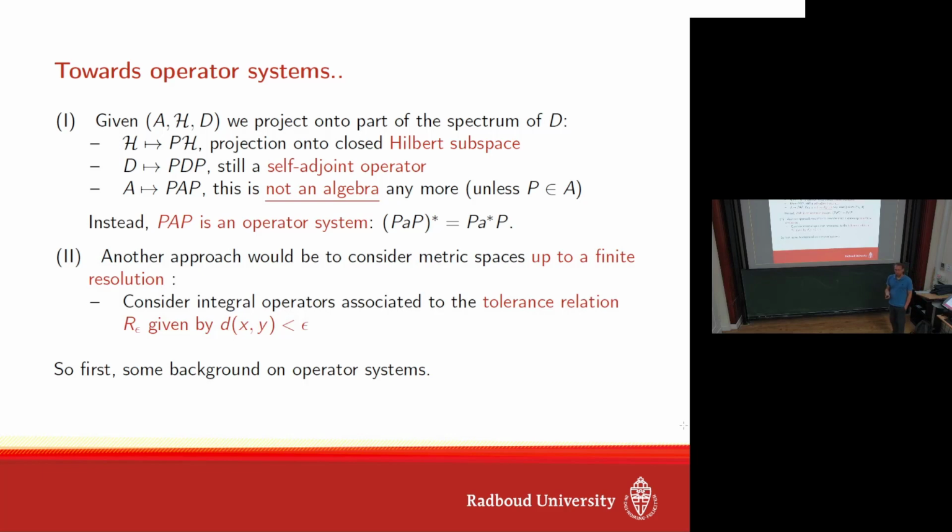So I cannot take products, but since this is symmetric, I can still take the star. If you take integral operators with support on this relation, you look at the relation as a subset of X times X, like a band around the diagonal, and the integral operators are supported on there. The products you shouldn't take, but you can take the star, and this is another example of an operator system.